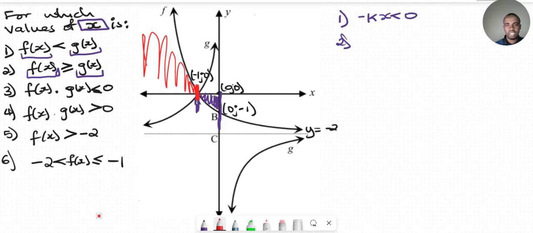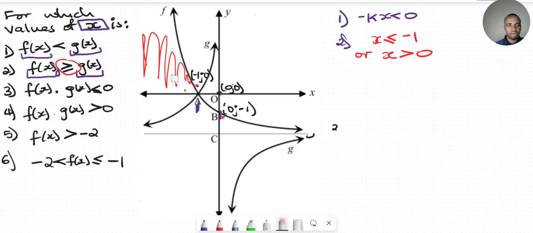So basically, when the values of x are less than -1, but because they said greater or equal to, now I'm going to include my -1. But the graph of f is also greater from 0 going to positive infinity. Therefore, I'm going to have another inequality here and say my x is also greater than 0. Greater than 0 because remember, we won't include 0 since 0 is an asymptote.